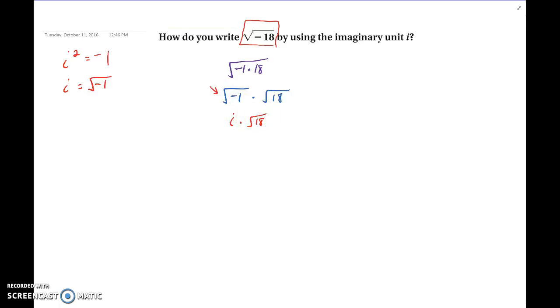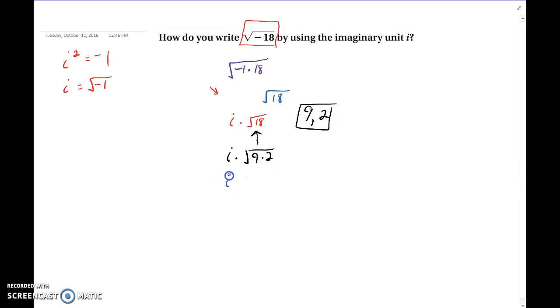Just like we have done before with radicals, we want to simplify this radical as much as we can. So we look to simplify the square root of 18. When we're simplifying the square root of 18, we look to see which perfect squares divide evenly into 18. And 9 is a perfect square that divides evenly into it twice. So we will rewrite the square root of 18 as 9 times 2.